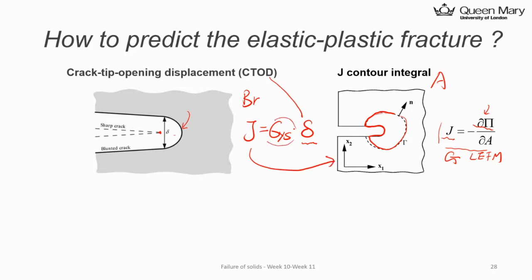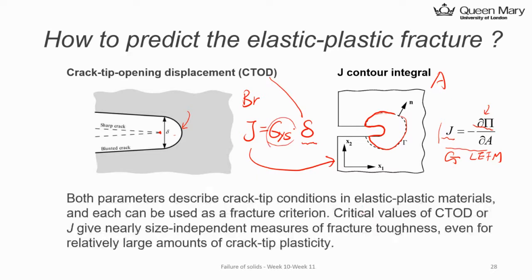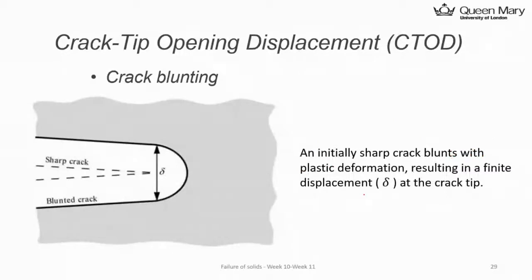The only thing you can link them with is the yield strength, okay? So first of all, let me introduce how to measure this crack tip opening displacement. And for most of the time, you can actually calculate it by some equation.